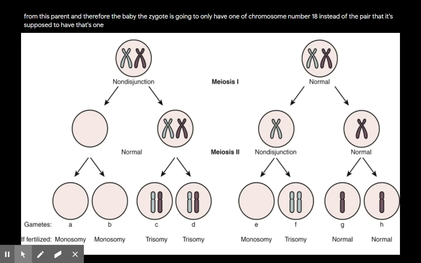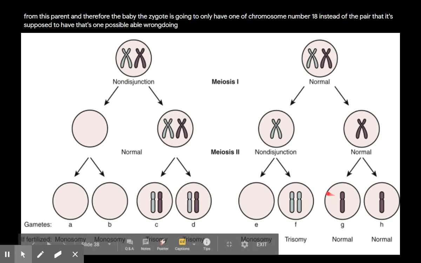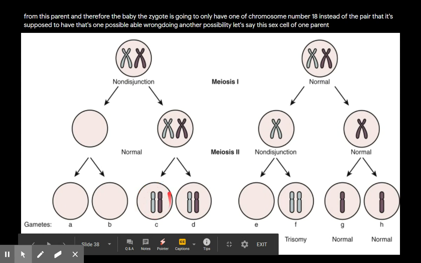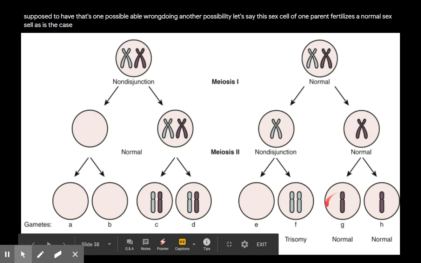That's one possible wrongdoing. Another possibility, let's say this sex cell of one parent fertilizes a normal sex cell, as is the case over here. Now, this parent is contributing 2 copies of chromosome number 18, and this parent is providing the normal number of 1.